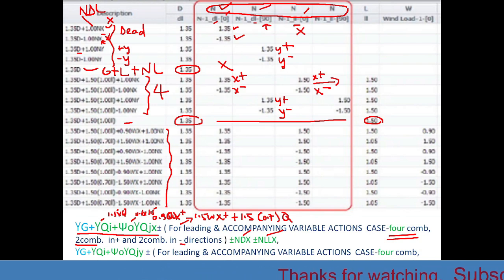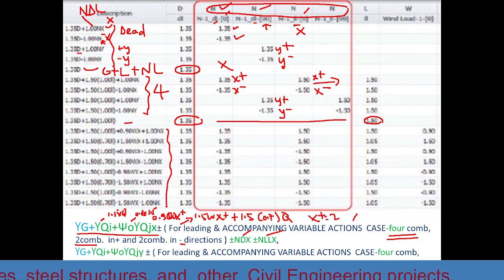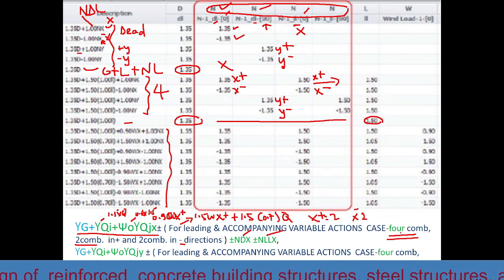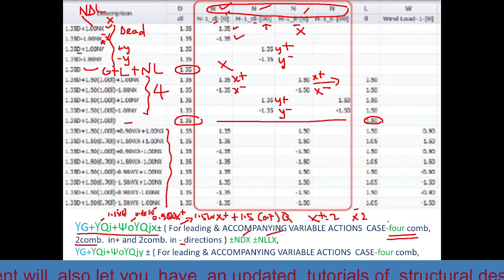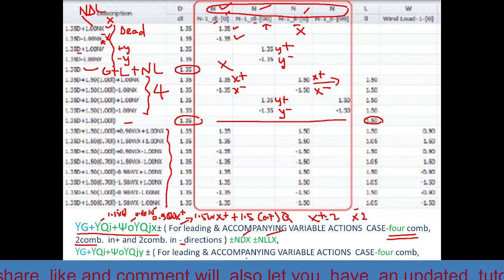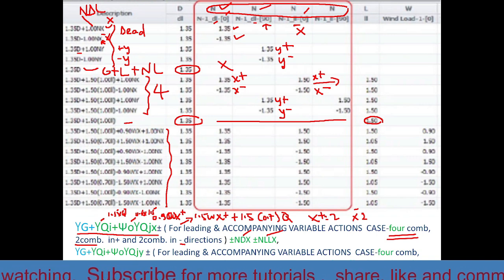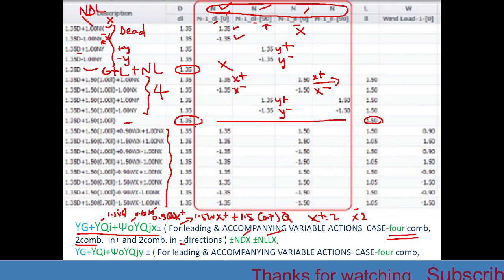So how many combinations are there in x positive direction? In x positive direction, we'll have two combinations. In x negative direction, we'll have two combinations. Totally, four combinations will be obtained. In y direction also, similarly, we'll have four combinations. Totally, we'll have eight combinations, so eight combinations will be generated.